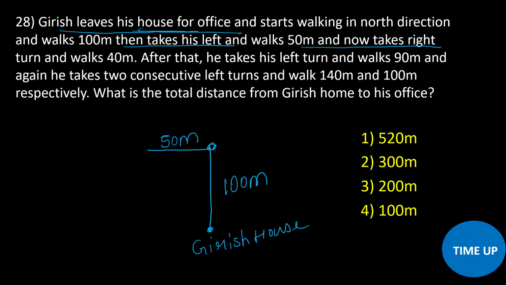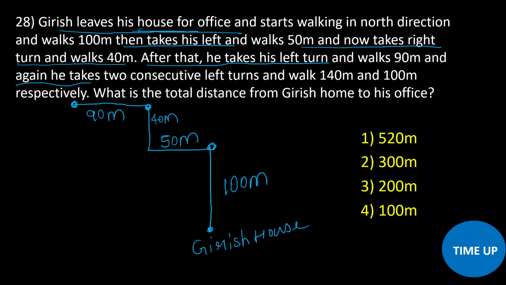Now then takes right turn and walks 40 meter. He takes a right turn and walks for 40 meter. Okay, he walks for 40 meter. After that he takes his left turn and walks 90 meter. So he goes for 90 meter.